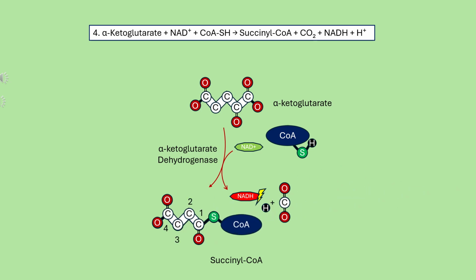NAD is reduced again to form NADH, and interestingly, the alpha-ketoglutarate dehydrogenase enzyme has the exact same reaction mechanism as the PDC in the bridge reaction. So check out my video on that. I go into great detail explaining that. And this is also the last irreversible step in the TCA cycle. It gets a lot simpler from here.